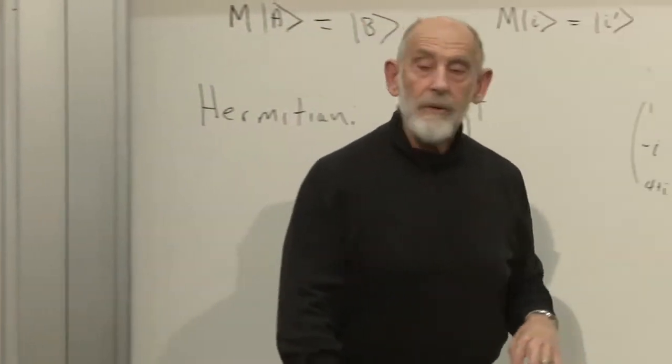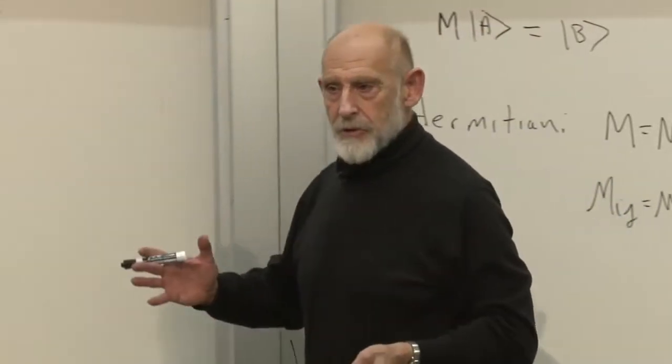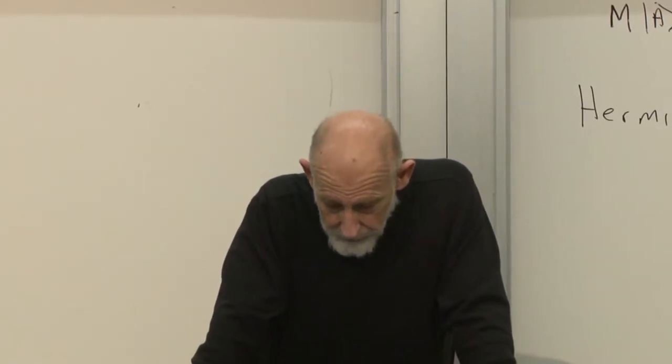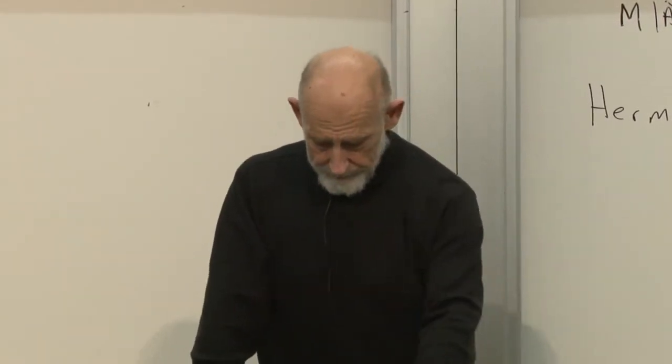We can even think about these things, incidentally, in ordinary three-dimensional space, where the vector space is just a space of ordinary 3 vectors. There are operators. They're represented by matrices, and those operators operate on vectors to give other vectors.